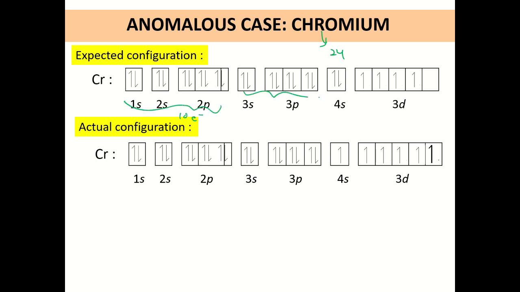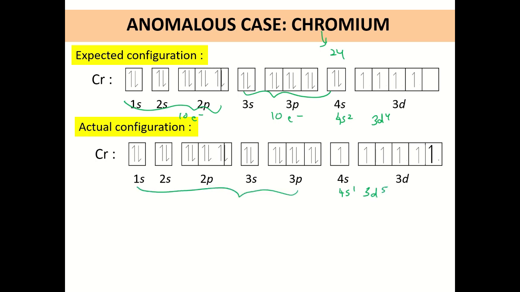Up to this point also 10 electrons. So you still have 4 electrons remaining. If you follow the Aufbau rule, you tend to fill 4s2 and then 3d4. But the actual configuration is 4s1 3d5.